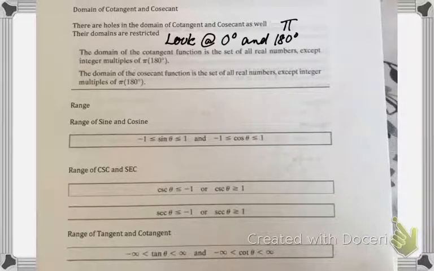Okay, so if you look at those two values, you're going to see that cotangent, by the way, is defined as x over y, or cosecant, which is 1 over sine, so 1 over y. You're going to see that we have issues there as well because they are undefined at those multiples.